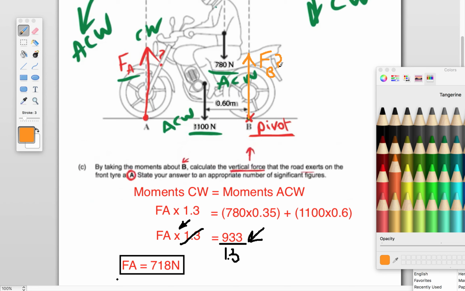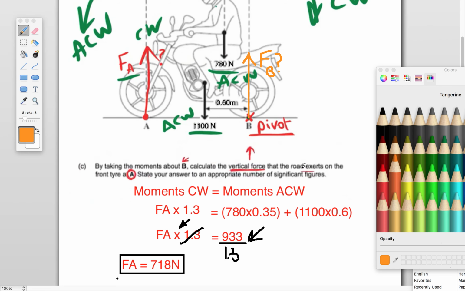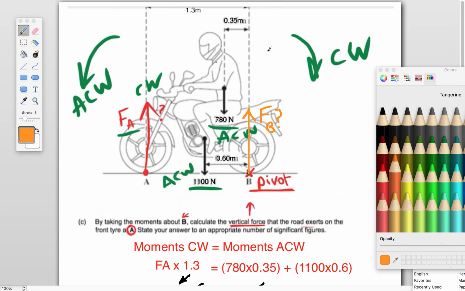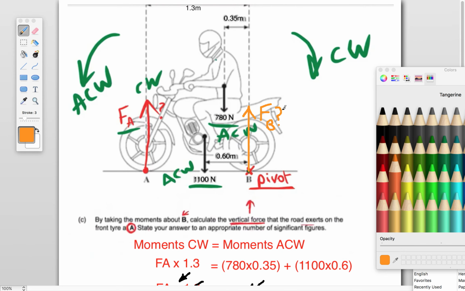It's called Fb. You may think of doing the same way, using the moment condition. But this is not possible here because this force is acting right at the pivot, so it will have no moment.